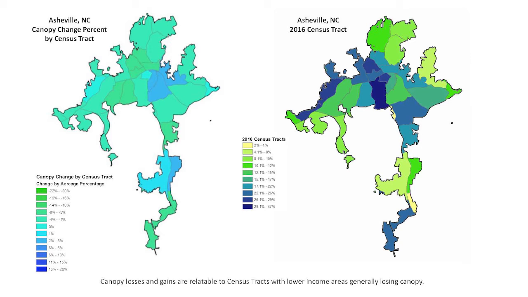This is showing areas below poverty level. The lighter the color of green, they're below poverty level, and these are above. So you can see a correlation between areas that are rapidly losing trees versus those that are more of your underserved neighborhoods for the census block data.